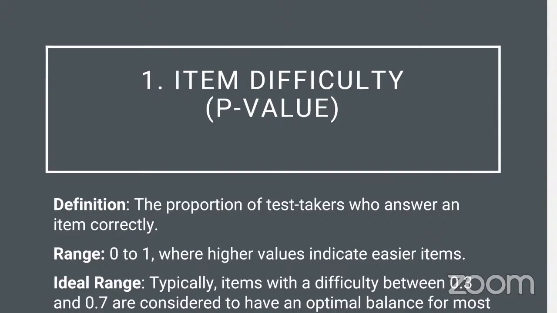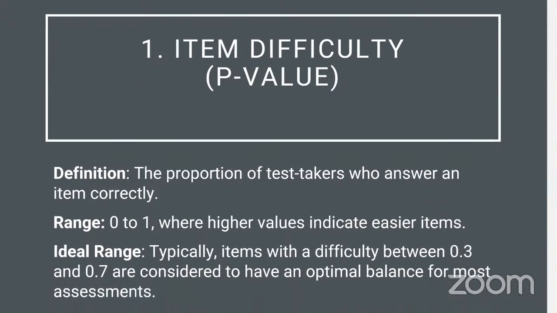Item difficulty is usually followed in the case of the power test. For example, an academic achievement test is a power test. That is your knowledge. Intelligence is also a power test.